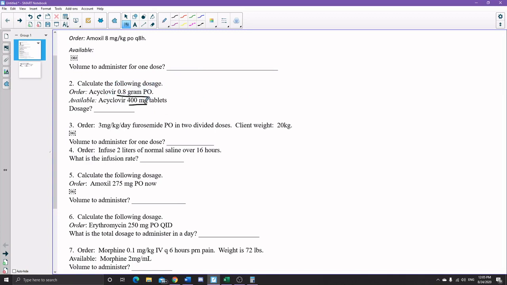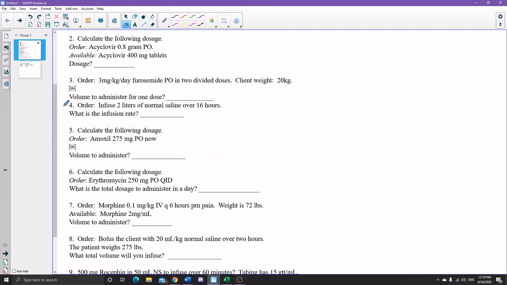So, first thing that you notice is that we need to convert to milligrams. So, how many milligrams are in a gram? 1 gram equals 1,000 milligrams. Okay, let's move on to the next question.